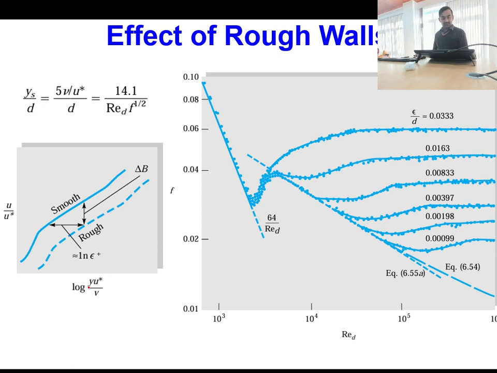This person was Nikuradse. Nikuradse was another student of Prandtl, who performed significant experiments for estimating the effect of wall roughness on pressure drop characteristics.